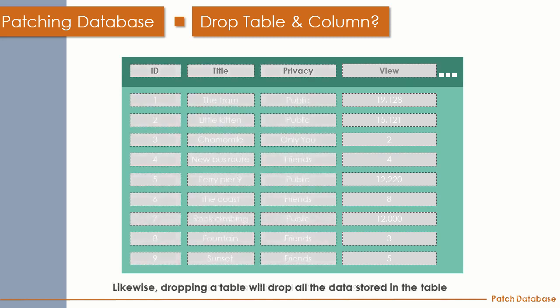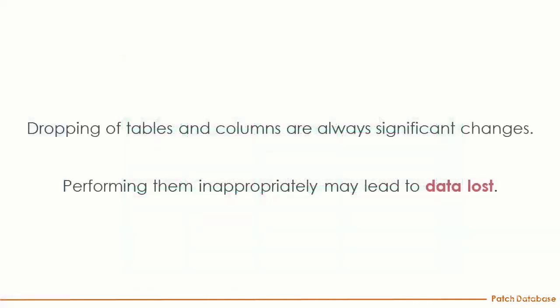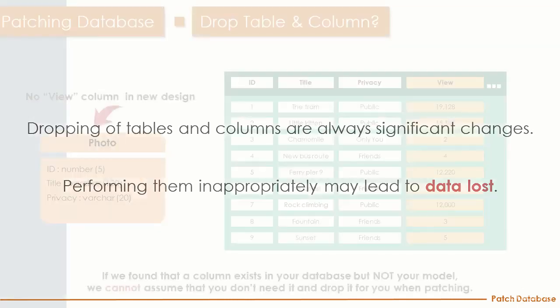If you drop a table, it drops all the columns and all the data will be erased from your database. Dropping a table or a column is usually a very significant change. If you do it inappropriately, it may lead to irreversible data loss.